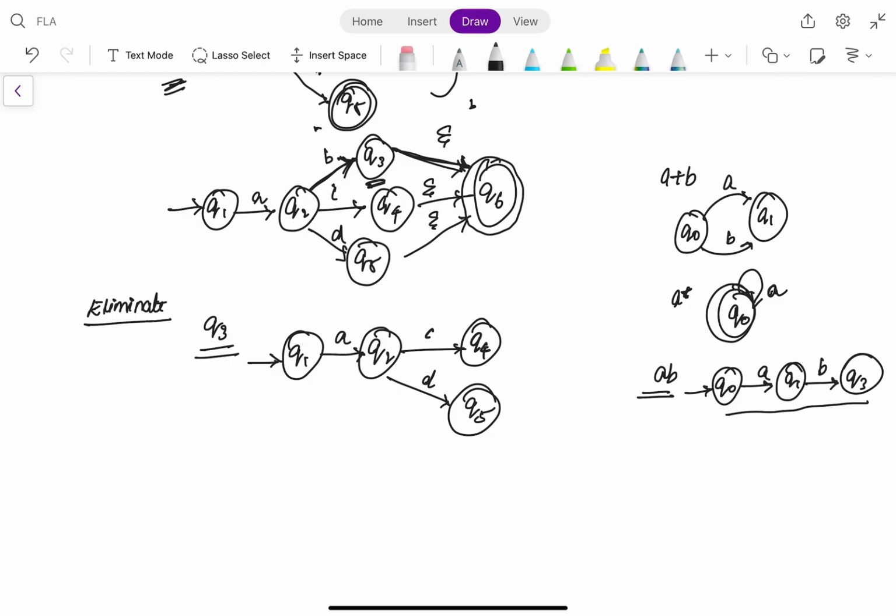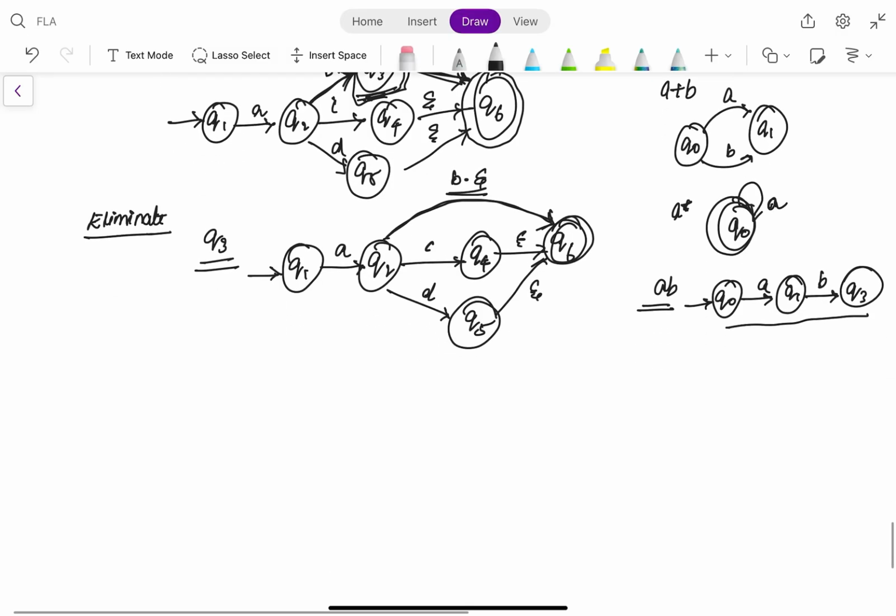That transition you can write as B dot epsilon and give a direct connection to final state. I removed this state, and instead I have given a direct path, and on that part you write it as B dot epsilon. This is the cost of removing Q3.